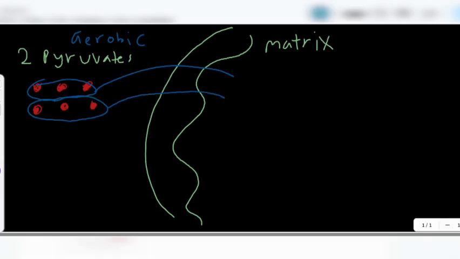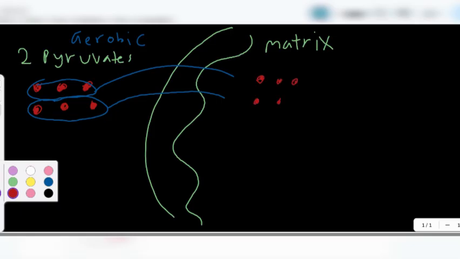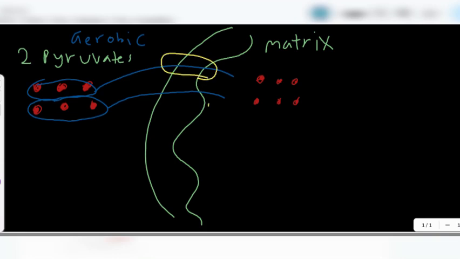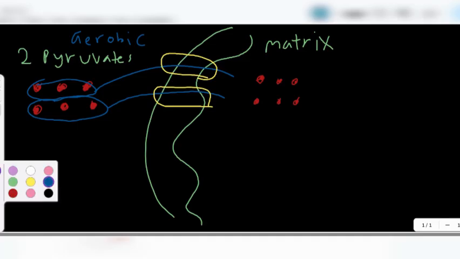Pyruvate oxidation occurs in the mitochondrial matrix after pyruvate is transported through the mitochondrial membrane, usually through a protein channel. Now that it's in the matrix, each pyruvate, which still has 3 carbon atoms, will lose a carbon and release it as CO2.